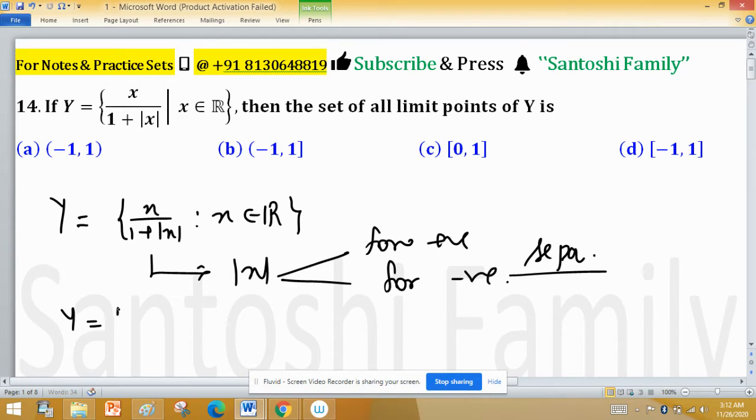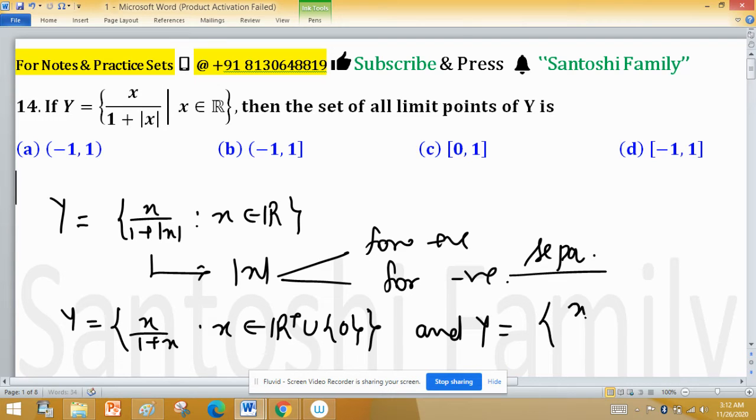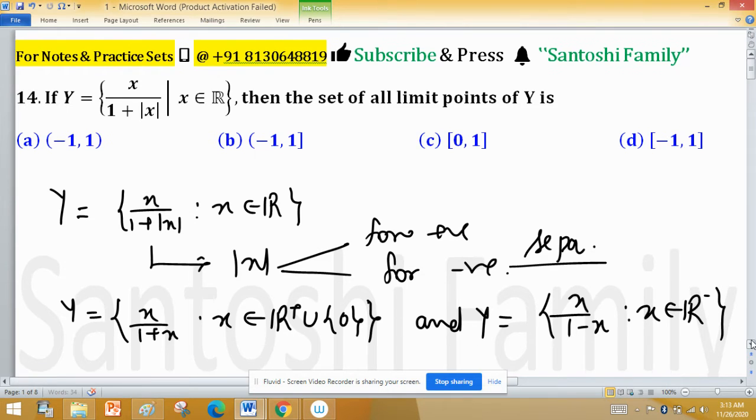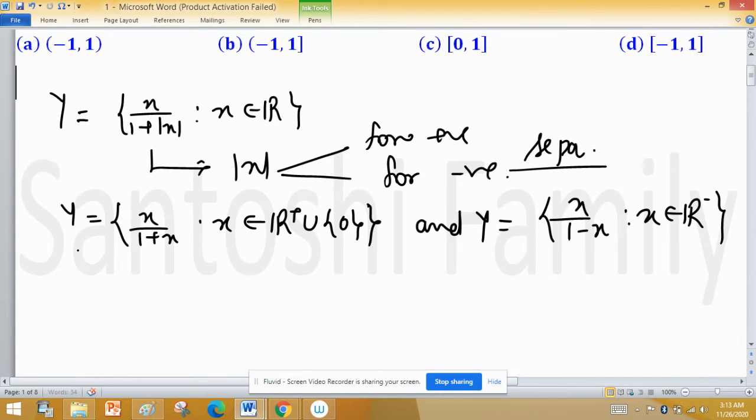So y can be written as x upon 1 plus x for x positive, including 0, and y will be x upon 1 minus x when x is coming from negative reals. Now we have found y more explicitly, and we can easily find the limit points of y.